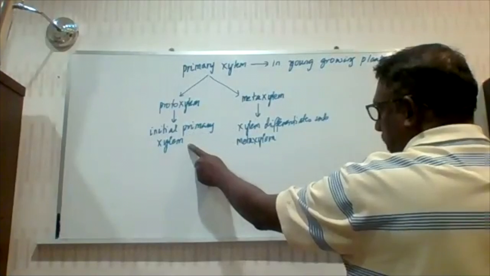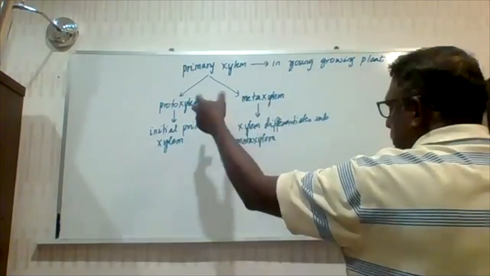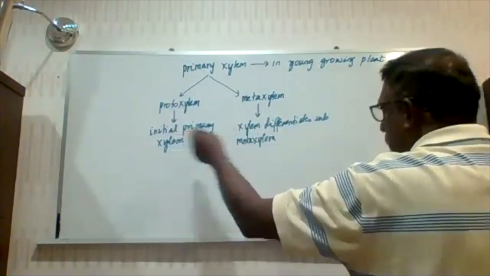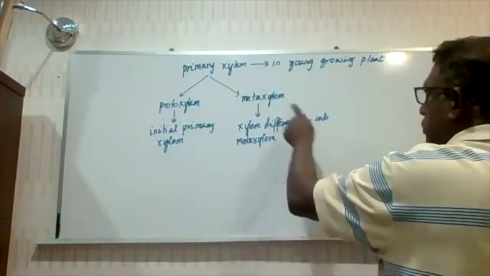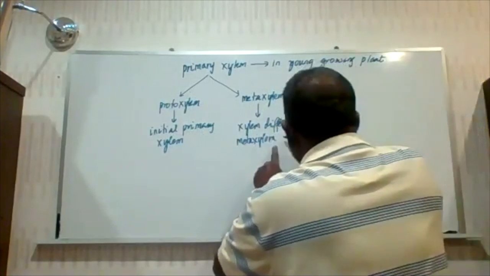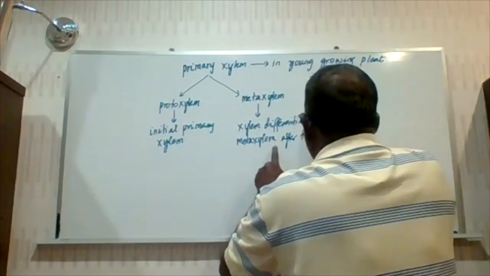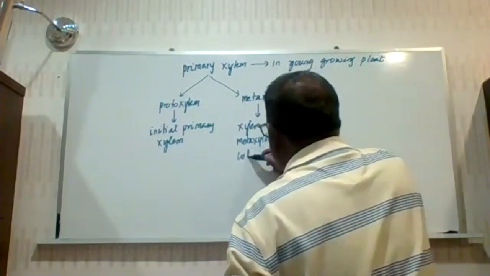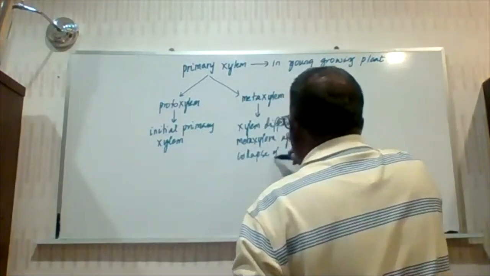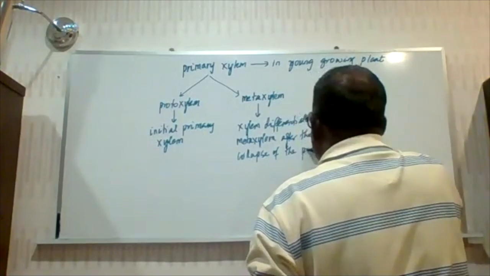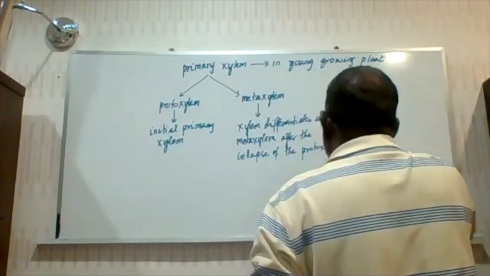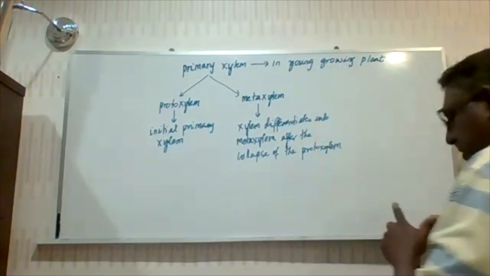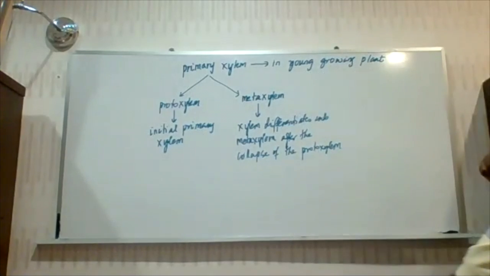Now, once the initial stage is over, the xylem differentiates into what we call a metaxylem after the collapse of the protoxylem. The protoxylem will collapse, will be disintegrated, be broken down, and will be replaced by metaxylem.